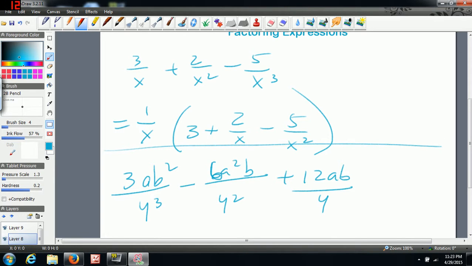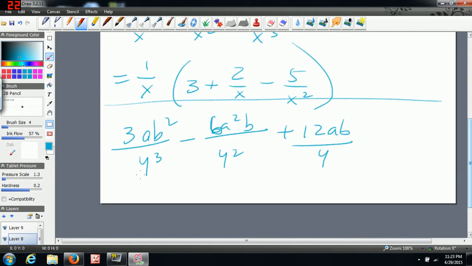In this case, the biggest thing we could factor out would be 3ab over y. When you do that, you would get b over y squared minus 2a over y plus 4. That's it for that part. Okay?